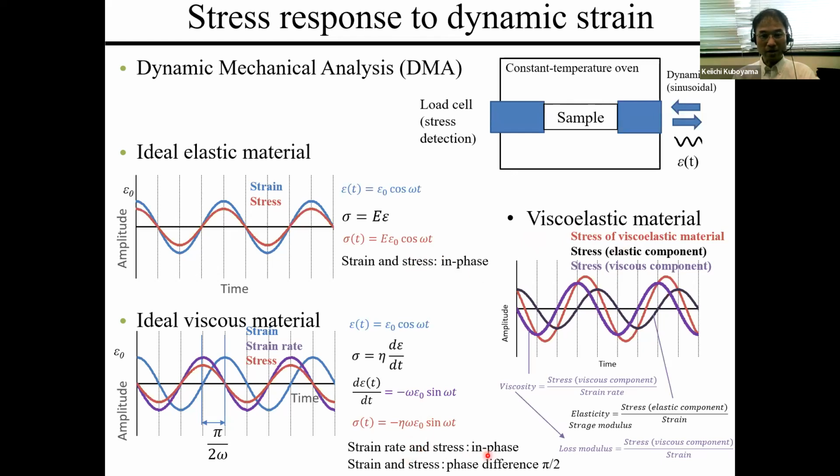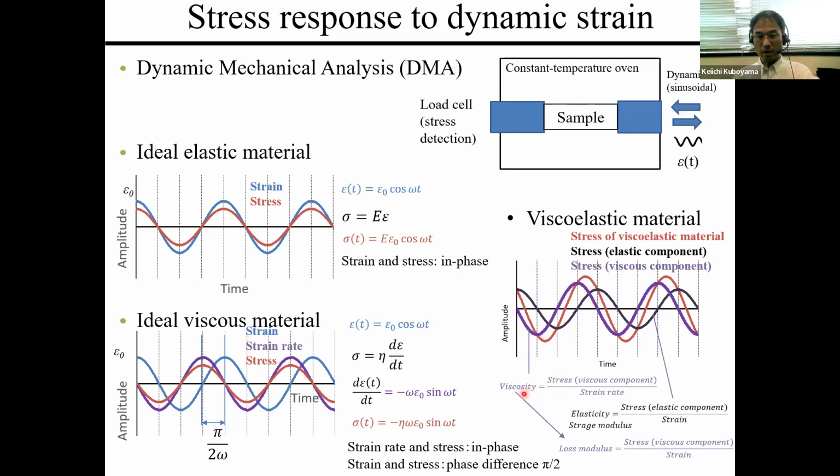And the in-phase component with strain rate comes from the viscous property. So you can mathematically separate this signal into the strain proportional component, the black one, and the strain rate proportional component, the purple one. So when you get such properties, you can easily calculate the viscosity from this measurement.